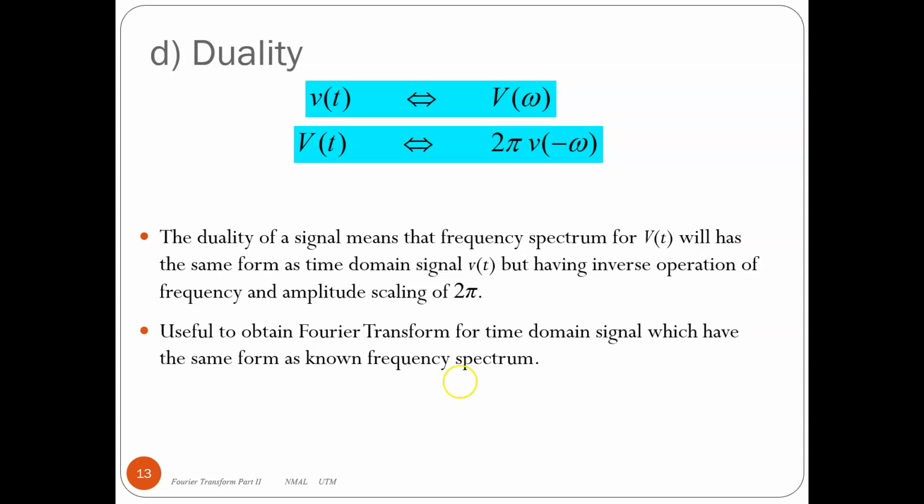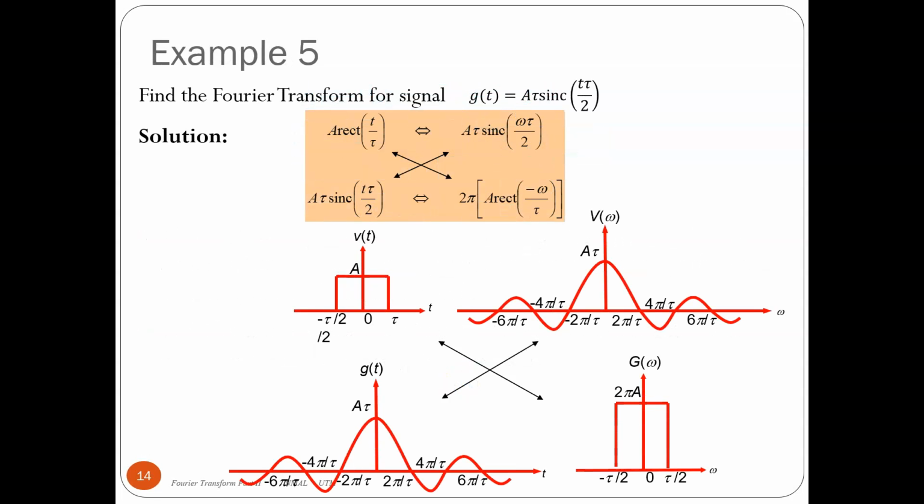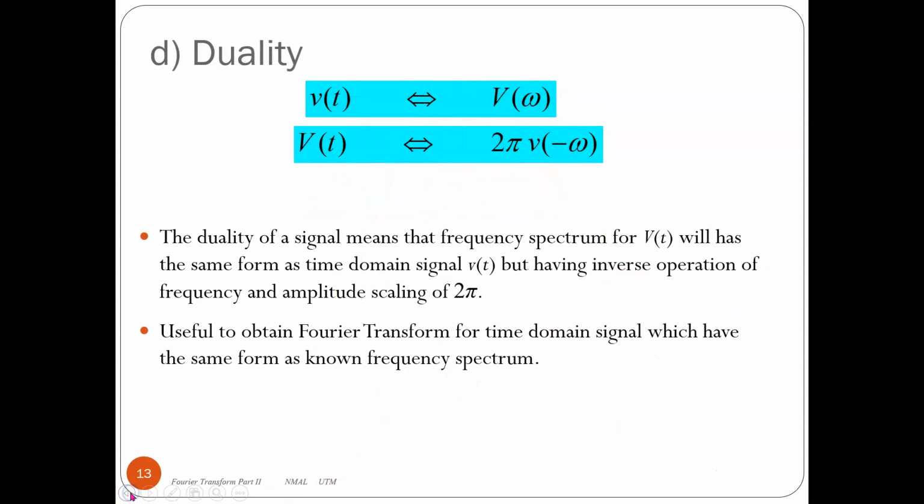Okay, for example here, if we have a time domain signal which is a rectangular signal, the Fourier transform pair here is a sinc function. And if we want to find the Fourier transform for the sinc function in time domain, basically the Fourier transform will be in terms of a rectangular function, which is the opposite.